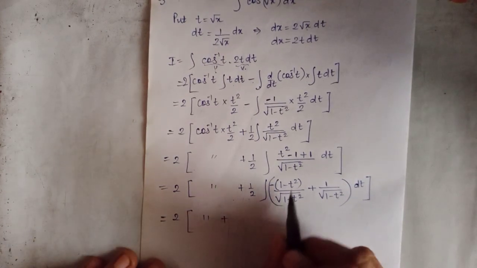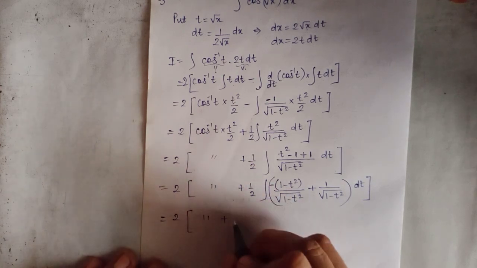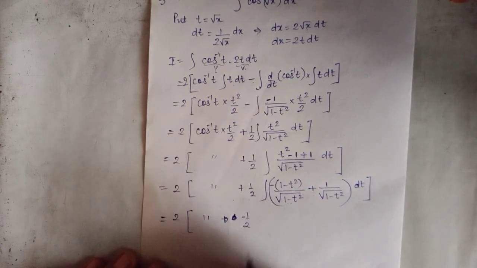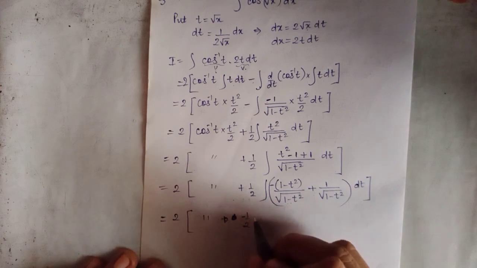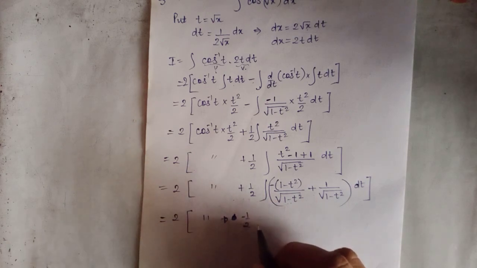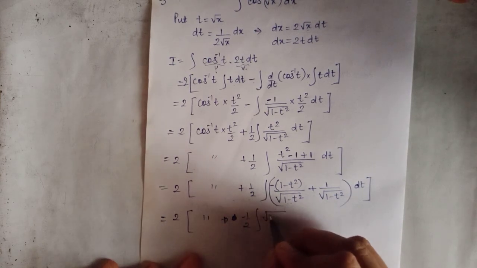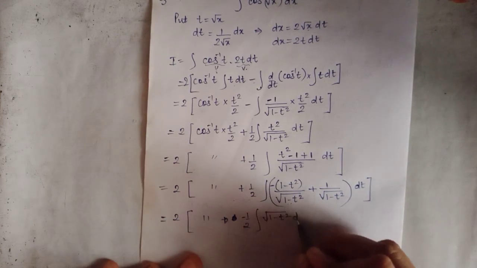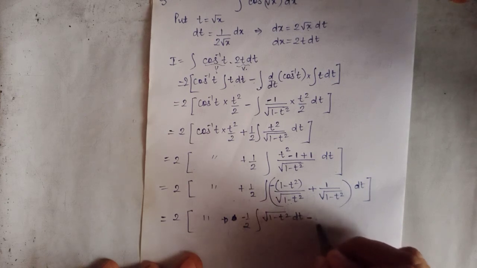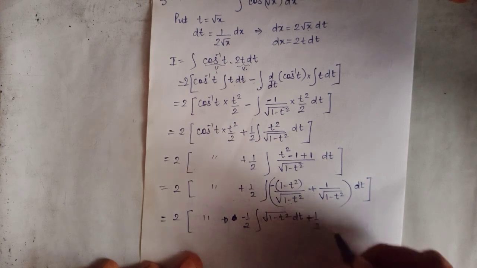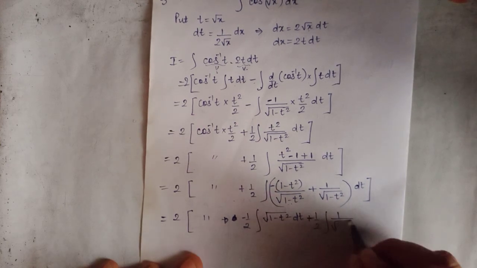If we rationalize this term, you can take the root in the numerator. So this is minus half integral root of 1 minus t square dt, plus half integral 1 upon root of 1 minus t square dt.